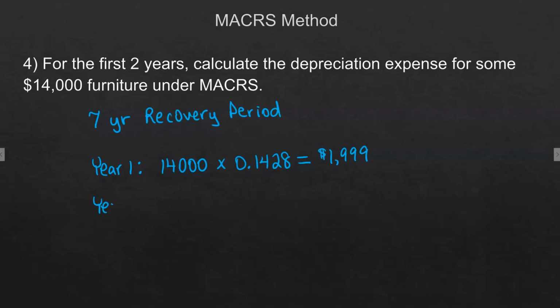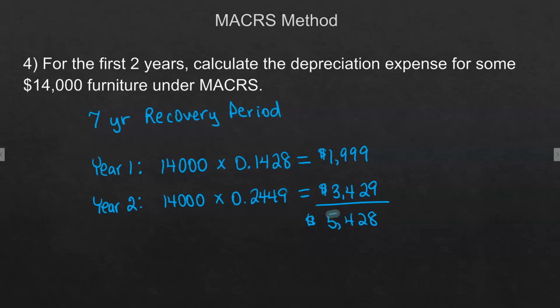And then year 2, 14,000 times 0.2449. Always change those to your decimals. And it's 3,429. Our total depreciation then will be 5,428. Okay, so not too bad if you just have to go back and calculate just a couple of years' worth.